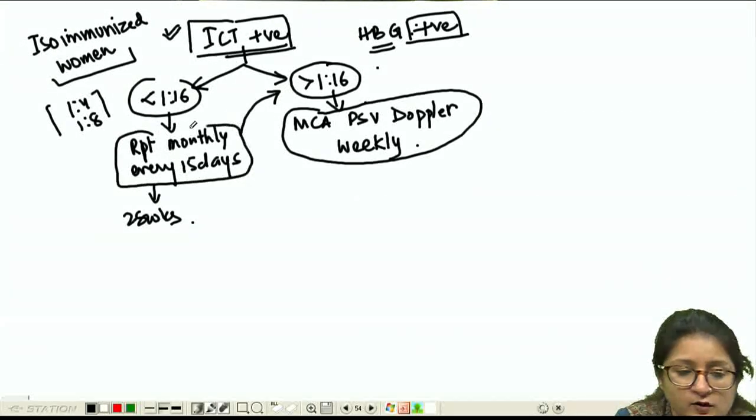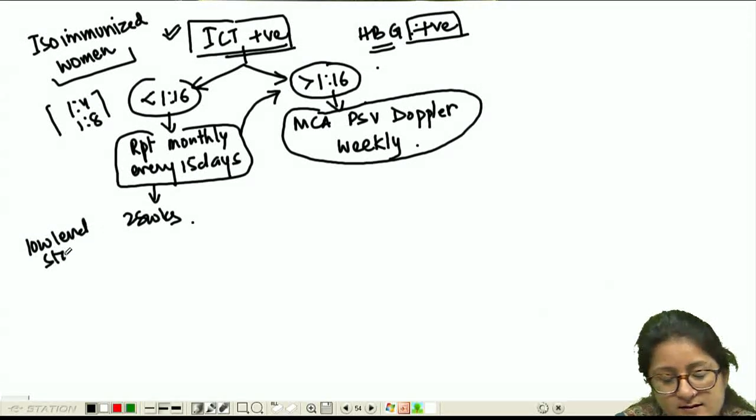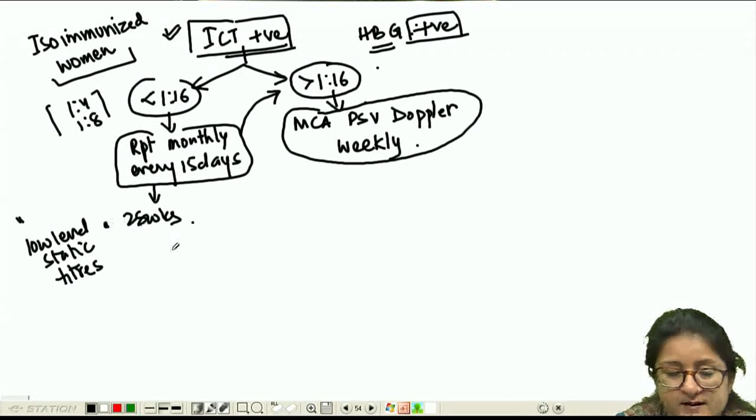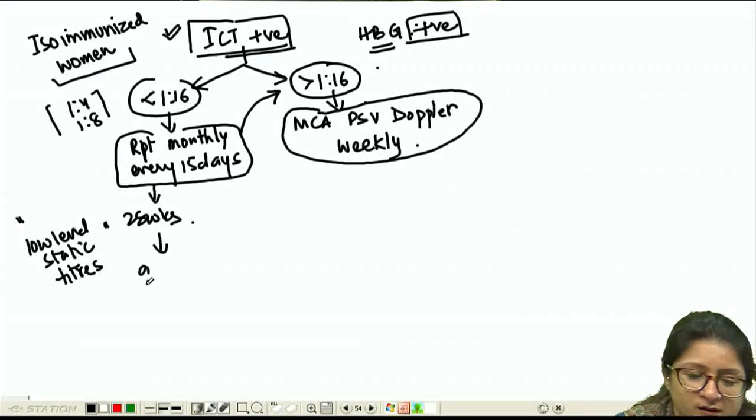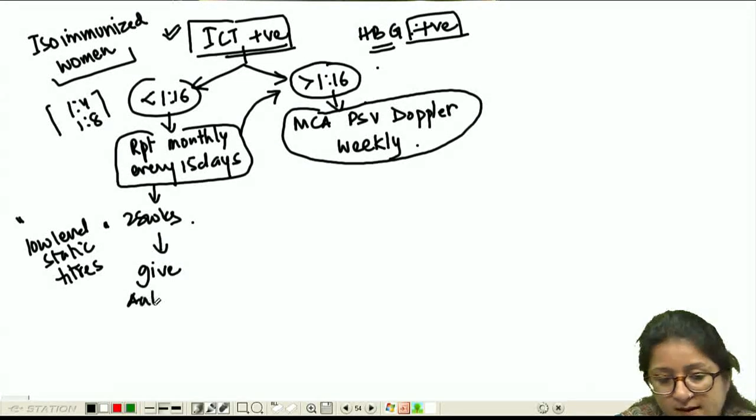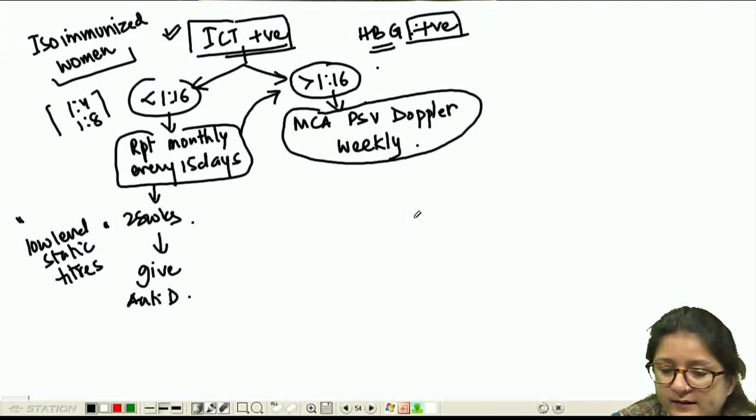If they remain low, at 28 weeks there are low level static titers, it is difficult to tell whether these low level static titers are because of isoimmunization or a previous administration of anti-D. So here we can give the benefit of doubt and give anti-D to such women, right?